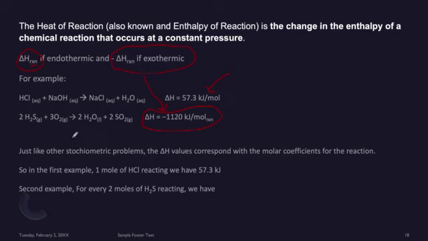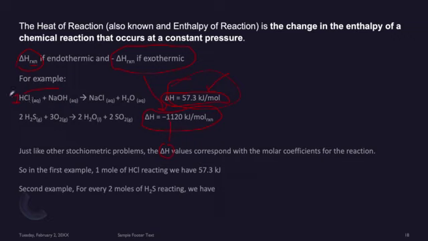And just like any other stoichiometric problems, just remember that the delta H value, which is this one and this one, corresponds with the molar coefficients for the reaction. So what I mean by this is that in this particular reaction, for 1 mole of hydrochloric acid, this is the amount of energy that we'd be utilizing.